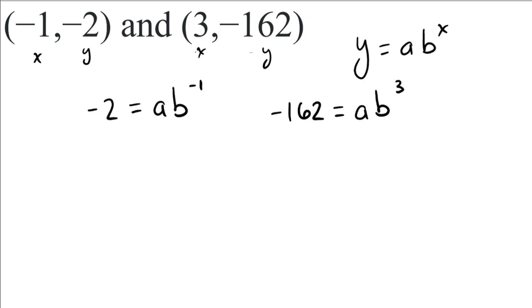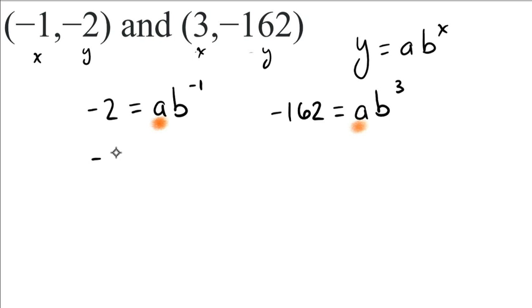So our strategy here, now that we've got these 2 equations, is I'm going to either use the equal values method or substitution. I'm going to go ahead and isolate a in the first equation, and I'm going to use that value of a as a substitute in my second equation. That's what I'm intending to do. So to get a alone in the first equation, I need to divide both sides by b to the -1.